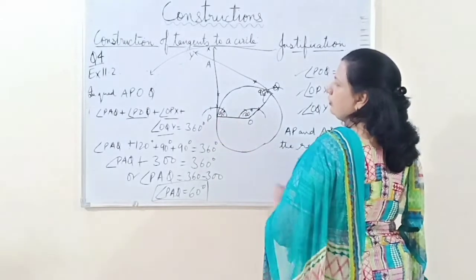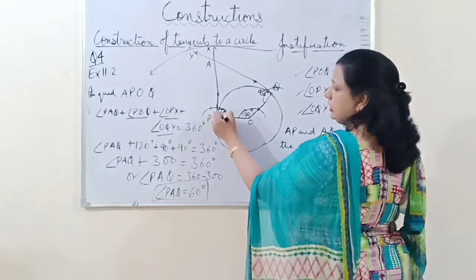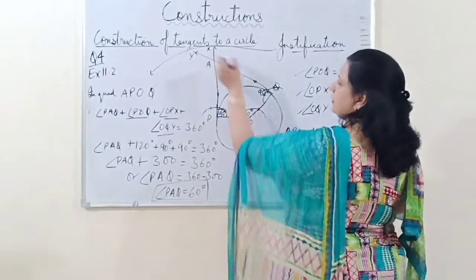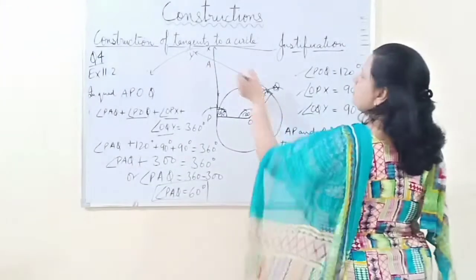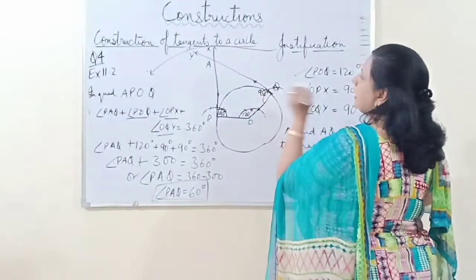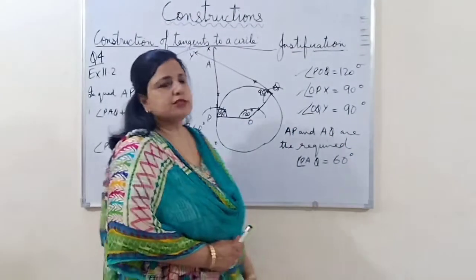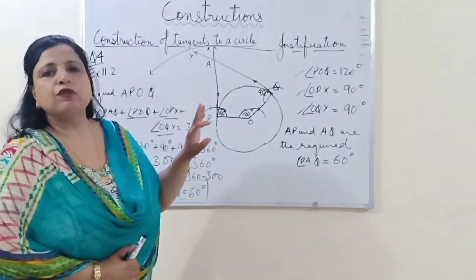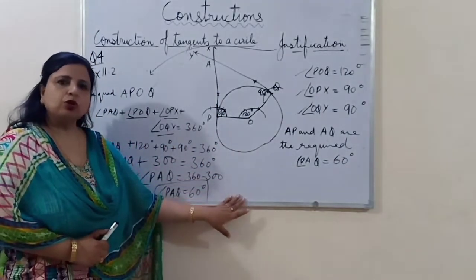During construction we have constructed this 90 degree. So the tangent and the radius at the point of contact are perpendicular to each other. So AP is the tangent here, and similarly AQ is the tangent here. So AP and AQ are the two tangents to the circle inclined at an angle of 60 degree, and we have justified our construction also.